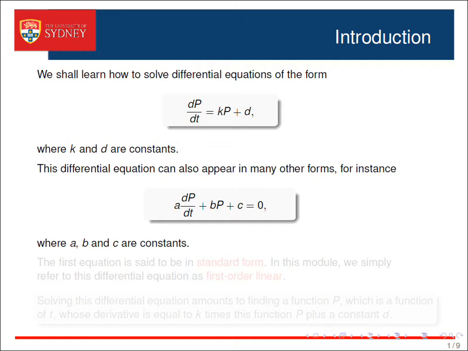Consider a different looking differential equation of the form a constant a times dp/dt plus a constant b times p plus a constant c is equal to 0. This differential equation looks very different, but can easily be written in the form of the first differential equation by dividing through by a and then rearranging.